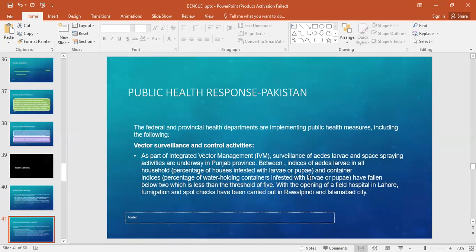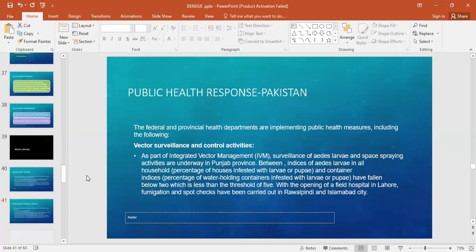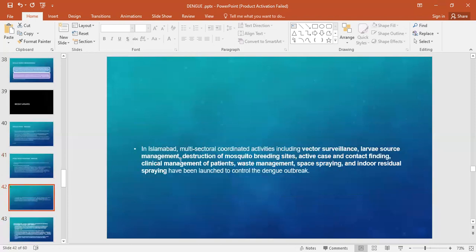With the opening of a field hospital in Lahore, fumigation and spot checks have been carried out in Rawalpindi and Islamabad city. In Islamabad, multi-sectoral coordinated activities including vector surveillance, larva source management, destruction of mosquito breeding sites, active case and contact finding, clinical management of patients, waste management, space spraying, and indoor residual spraying have been launched to control the dengue outbreaks.